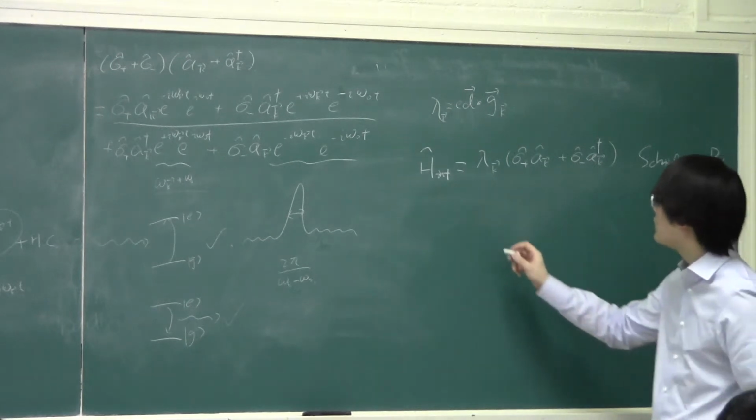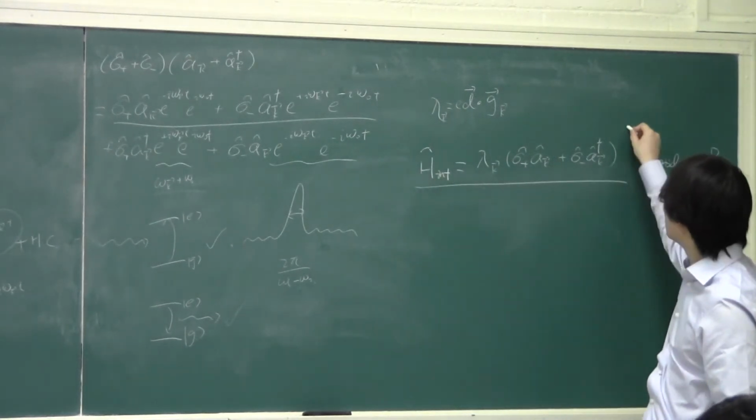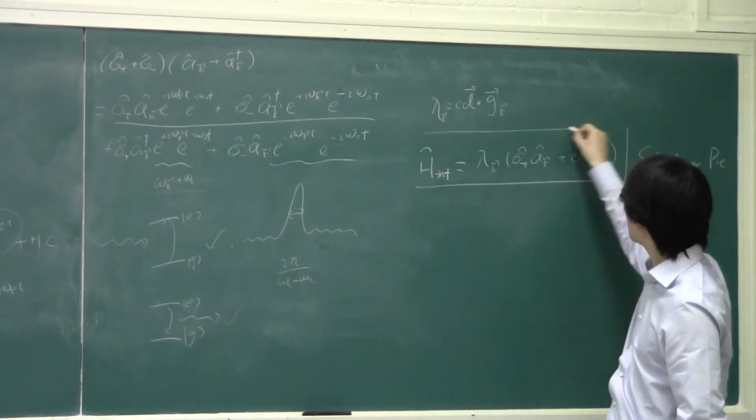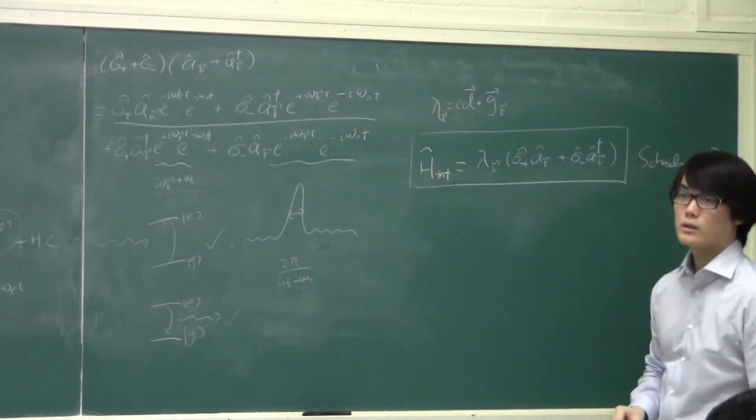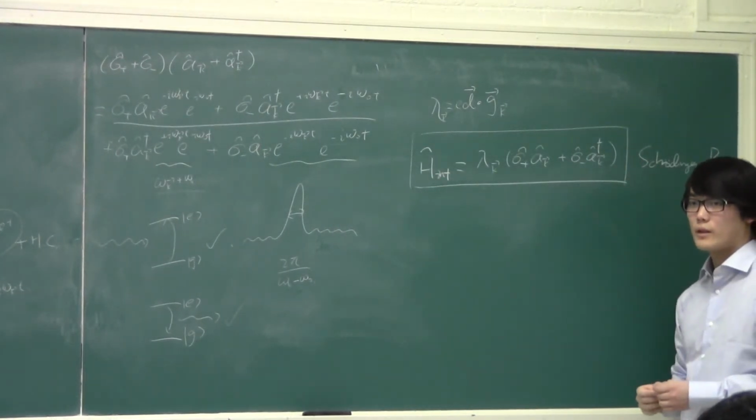So this is the quantized interaction Hamiltonian. All right. Any questions?